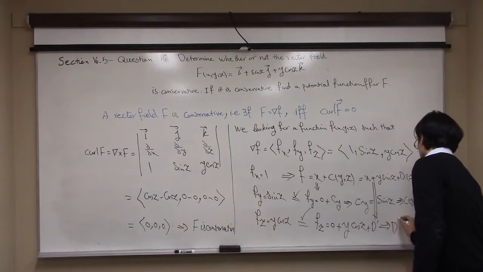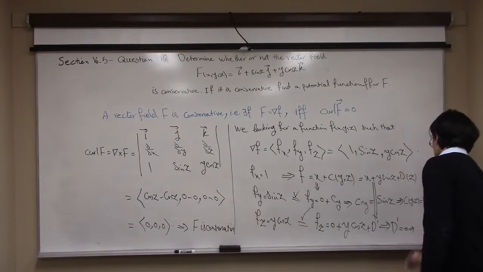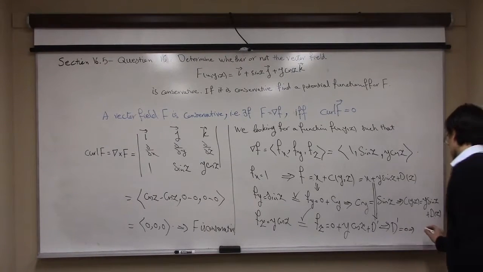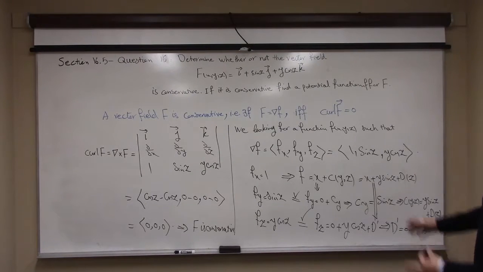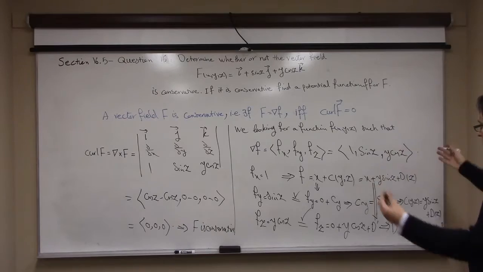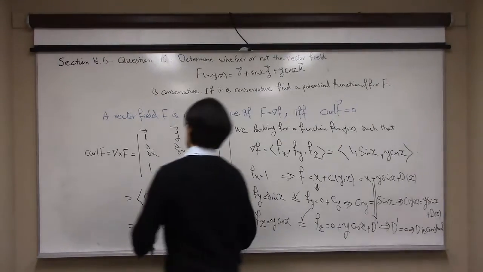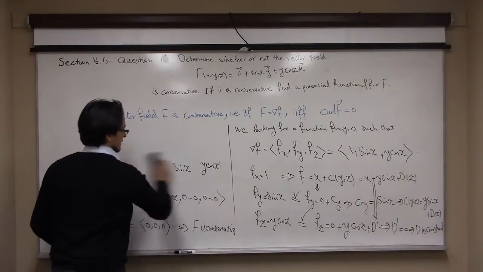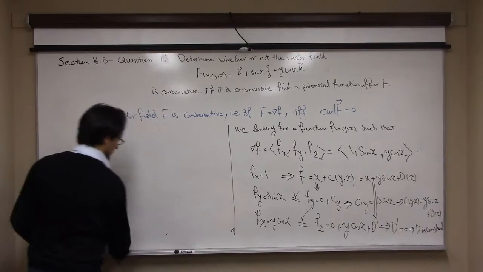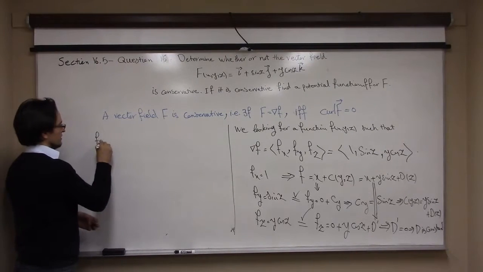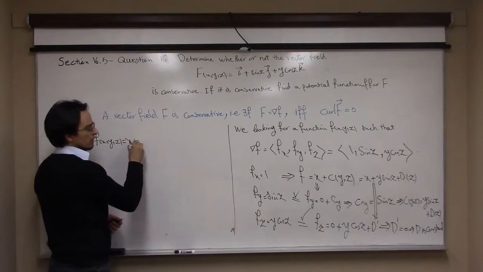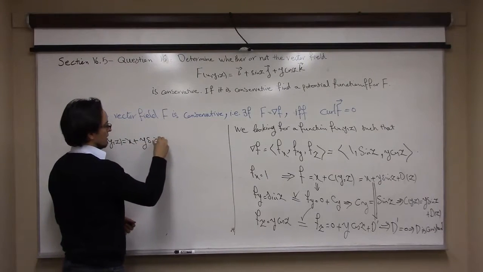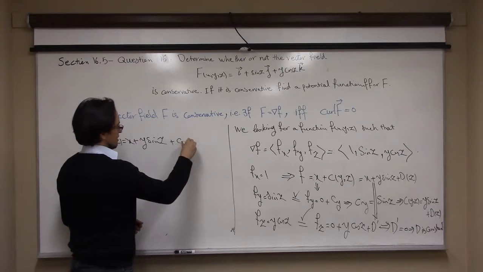That means d prime is 0. That means d is just constant. Okay, what is the result? The result is this. If I have a function of this form, a function x plus y sine z plus any constant you want.